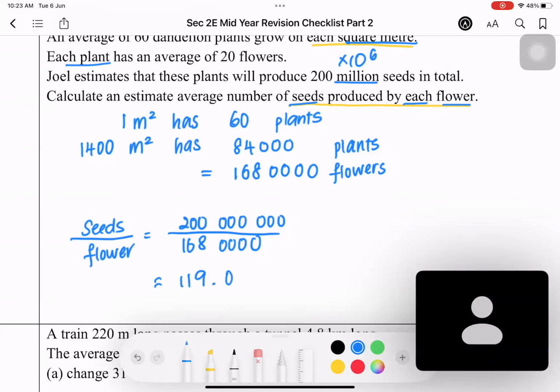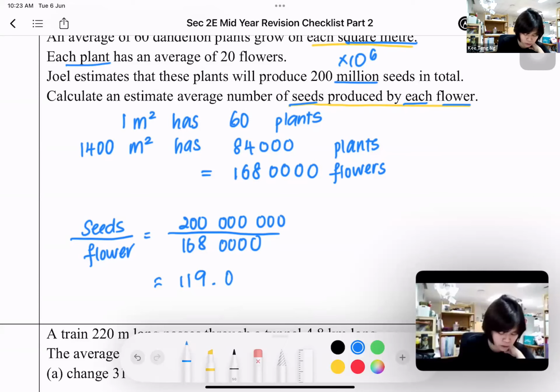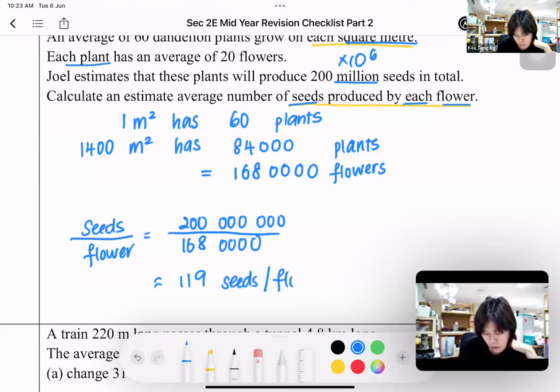Right, the correct decimal place. 200, 1, 2, 3, 4, 5, 6 divided by 168, 1, 2, 3, 4. Yes, 199.0. So on average, I'll write this as a whole number, 6 per flower. Easy, straightforward. Okay, let's continue.